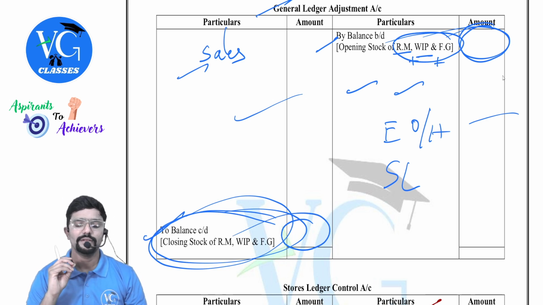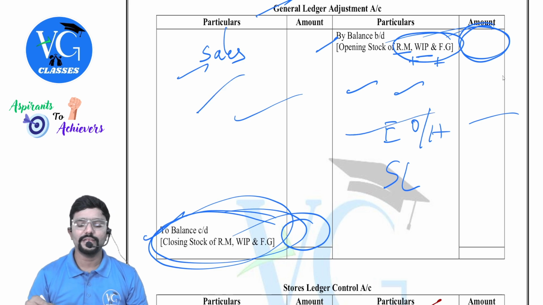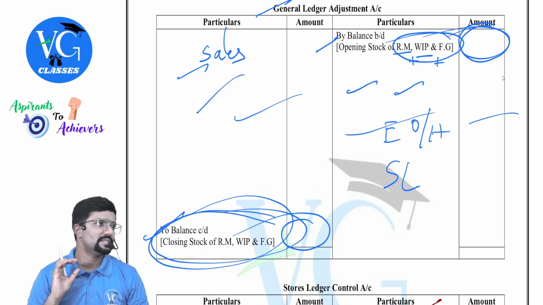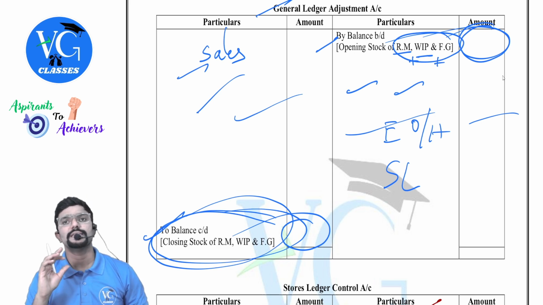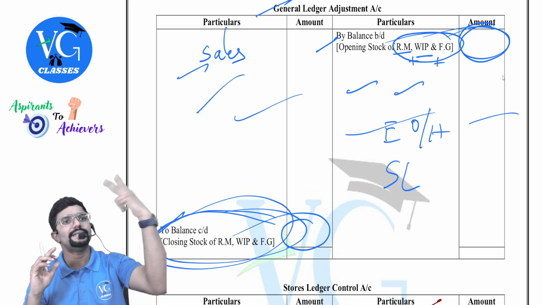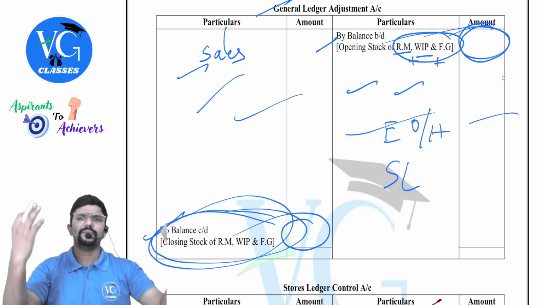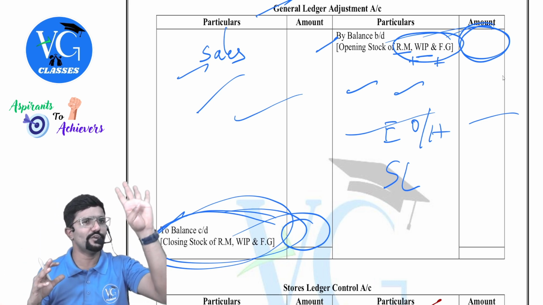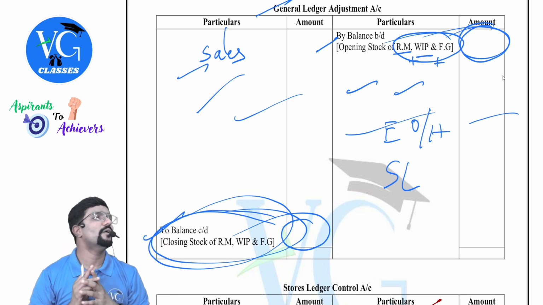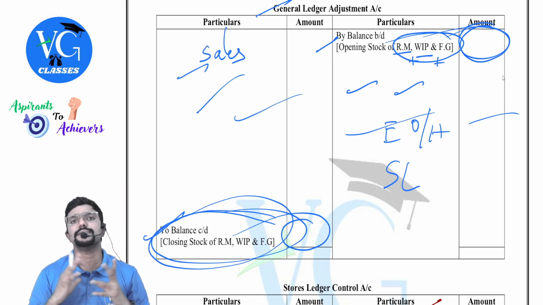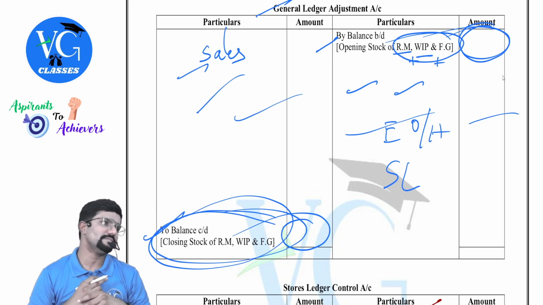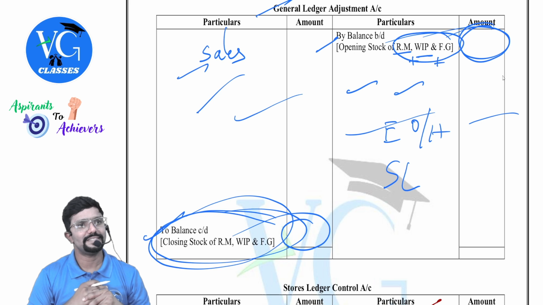Now, in between anything during the year, we will record it here. This account will replace cash, bank, debtors, creditors, which you use in your normal accounts. Instead of that, you use the general ledger adjustment account. Is that clear? Yes, sir.